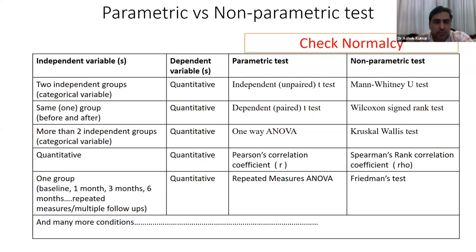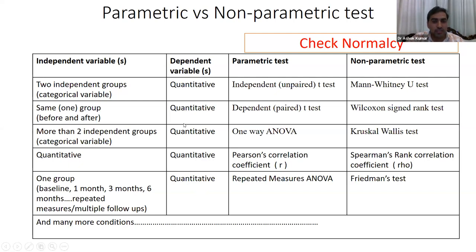So this is the main slide we have to remember. Or this is a mnemonic I prepared for parametric tests. You can remember it. Parametric test means independent unpaired t-test, dependent paired t-test, one-way ANOVA, Pearson correlation or repeated measures ANOVA, and dependent variable, you can see all are quantitative variables in these conditions, okay?